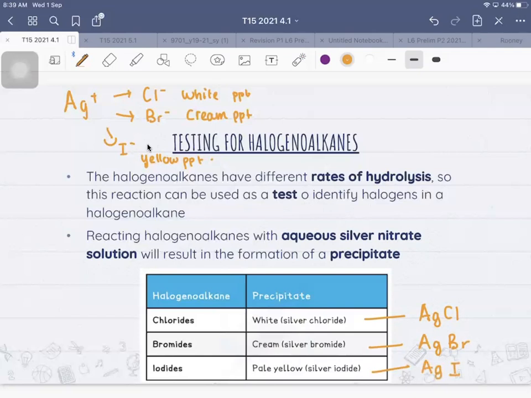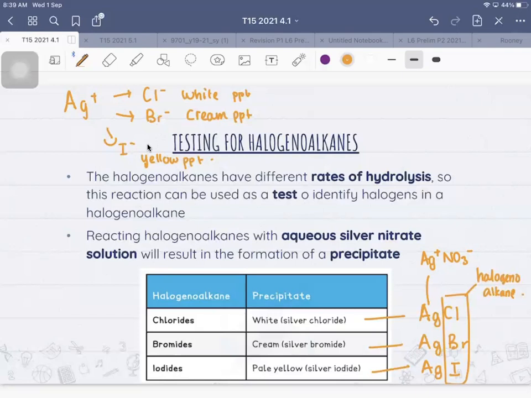Okay, so these are ions actually. The Ag comes from silver nitrate, and then the halogens come from the halogenoalkane, right? So this is a great application actually.